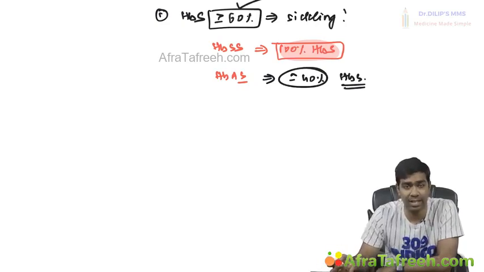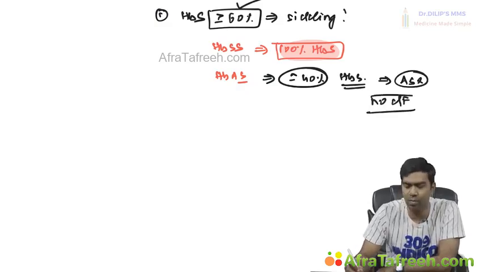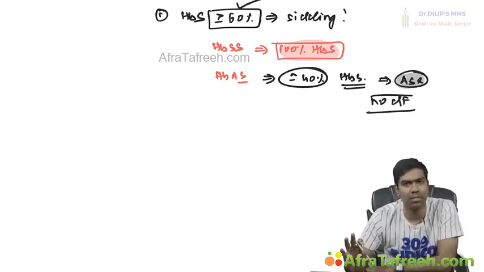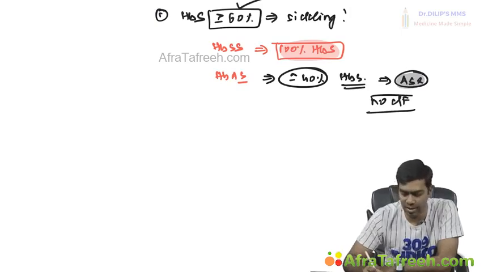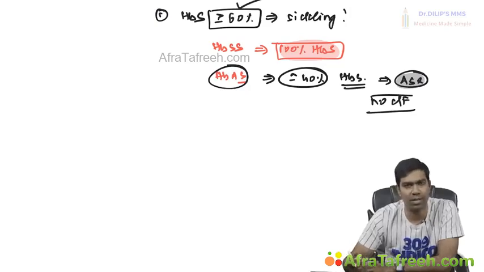Since it's less than 60%, these patients generally tend to be asymptomatic and they don't have any clinical features. They might have a few sickle RBCs in the peripheral smear, but apart from that, they don't have any problem at all, because to produce sickling you need a minimum of 60% HbS within the cell. Since the sickle cell trait has only approximately 40% HbS within the cell, they don't really result in any complications or problems.